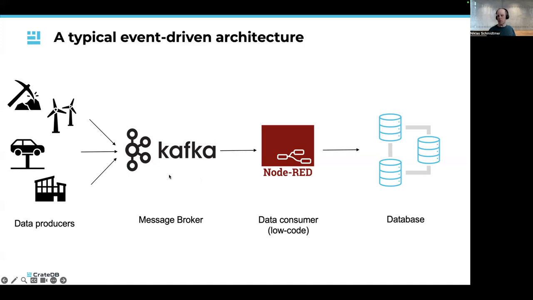And then there is a consumer that reads from the message queue and inserts that data into some sort of persistent data store. In our case, we work here with Node-RED as a low-code tool that's very easy to use if you want to just retrieve rows from a message queue and then forward them into a database such as CrateDB to then have real-time analytical insights into how the data performs.